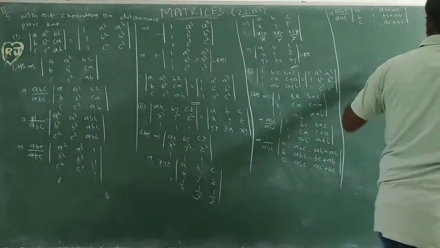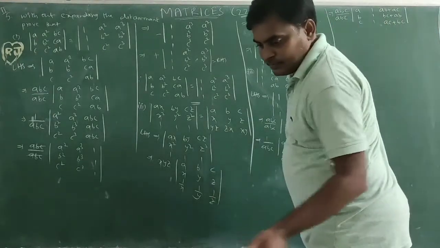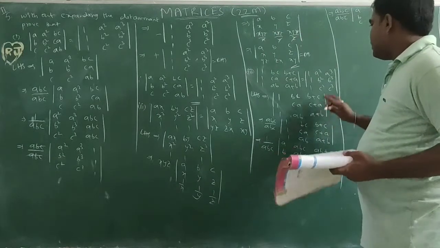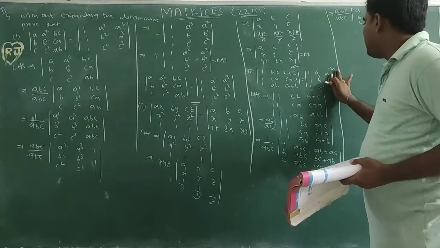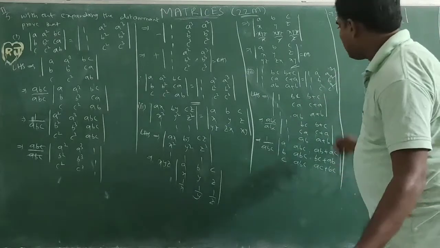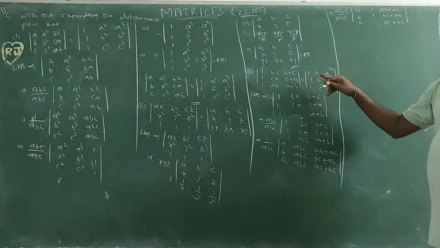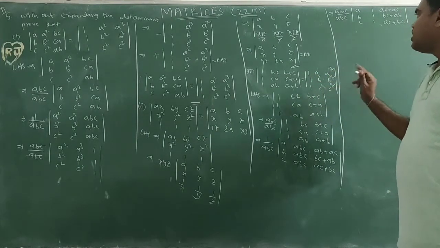If we observe it like that, this is 1 a square, 1 b b square, 1 c c square. The question has some modification on the right side; actually the question is 1 a square, 1 b b square, 1 c c square.